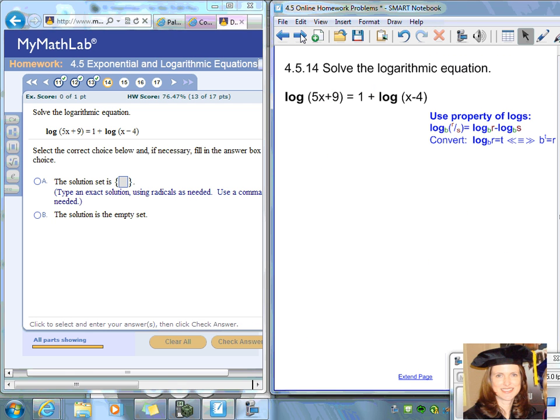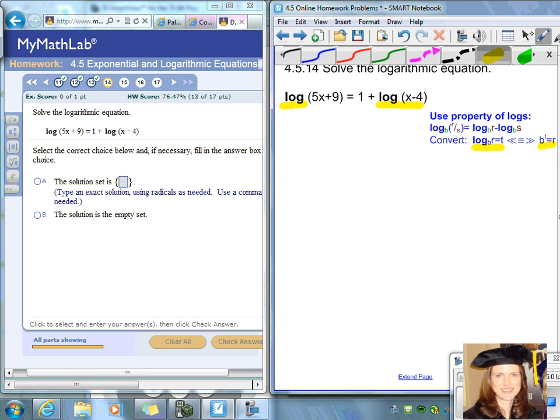Okay, let's look at question number 14. We want to solve the logarithmic equation, but as you can see, we have one logarithm on the left and one logarithm on the right, and we can't make the conversion unless we have a single logarithm. So what we're going to do is subtract this log of x minus 4 from both sides.